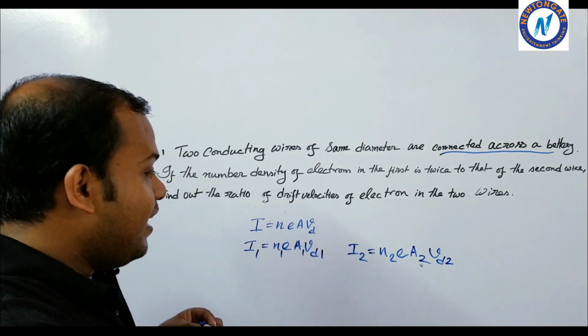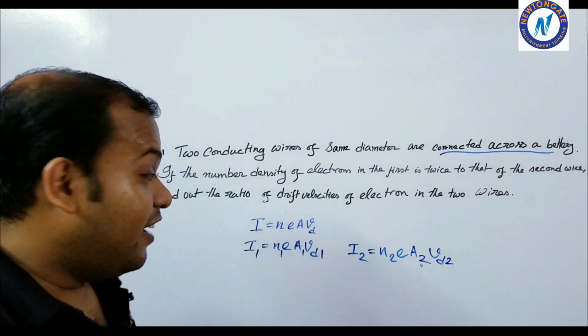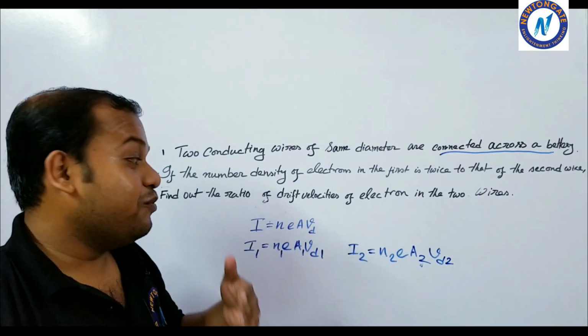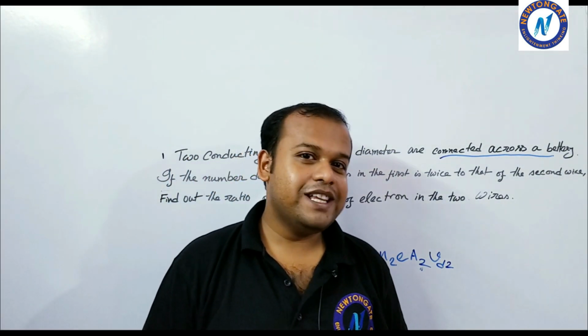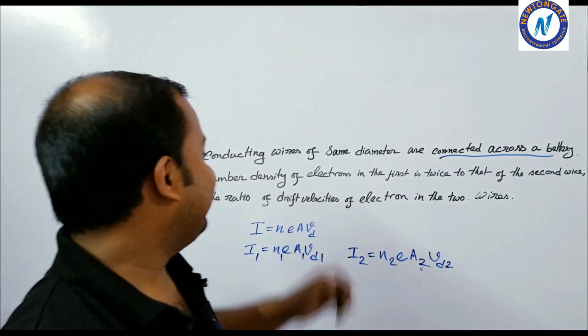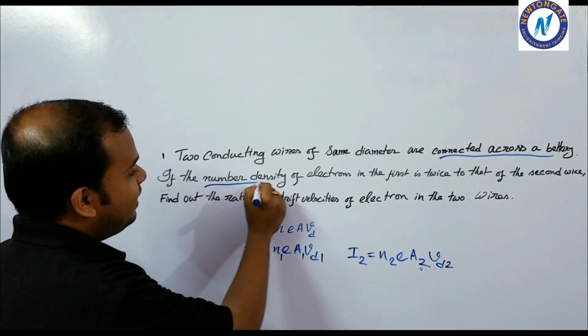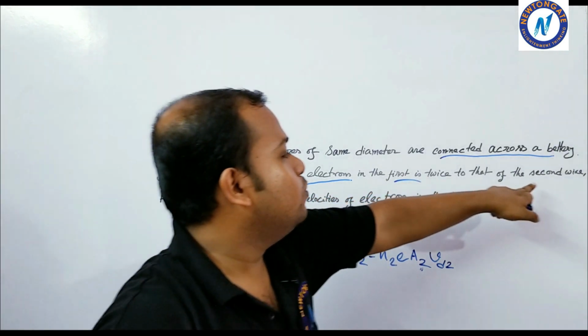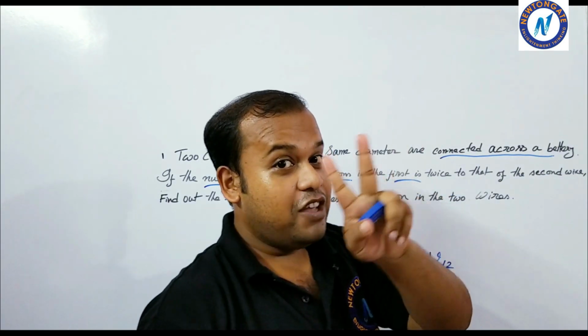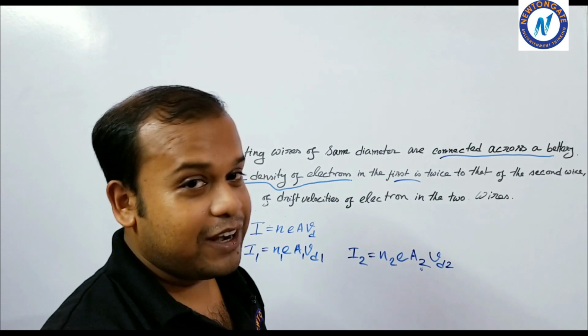Okay. Now let us try to dive a little deeper and understand what is happening here. In the question they also stated that the number density of electrons in the first wire is twice that of the second one.